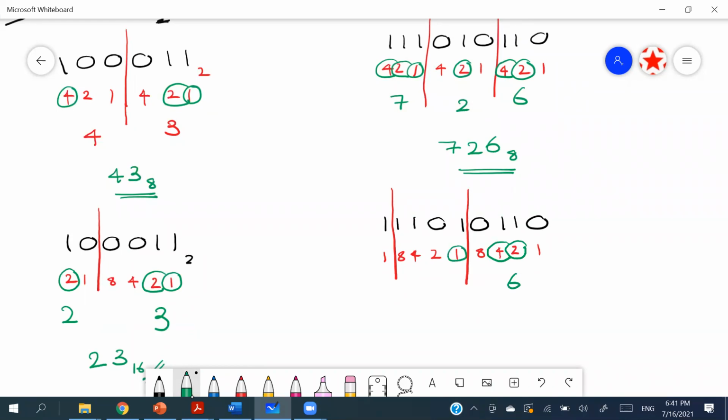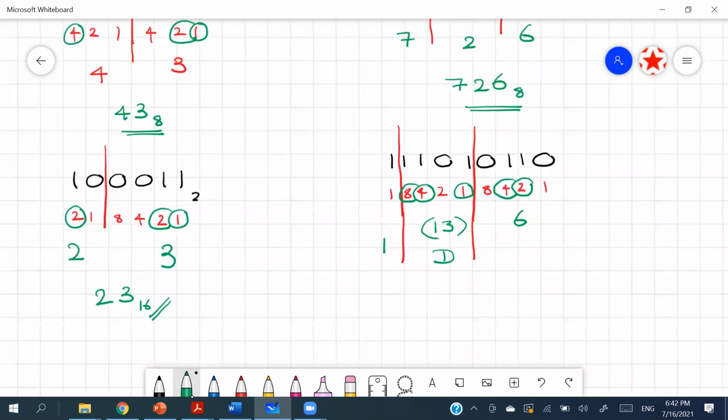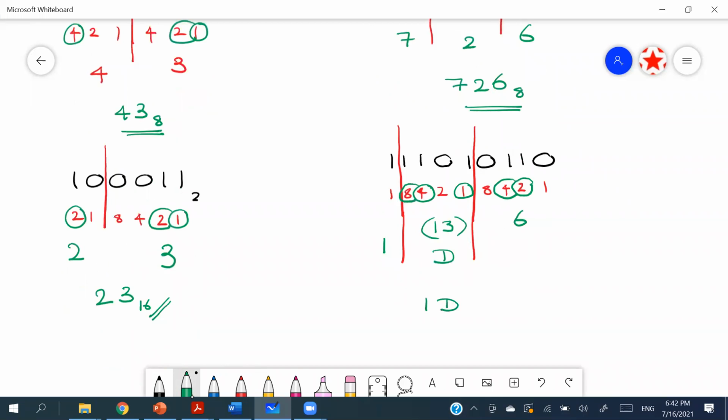Here it's 1, 4, and 8. So 8 plus 4 is 12, 12 plus 1 is 13. 13 means what? 10, 11, 12, 13: A, B, C, D. So 13 we represent by D. This is going to be 1 anyway. So your final answer is 1D6 in hexadecimal.